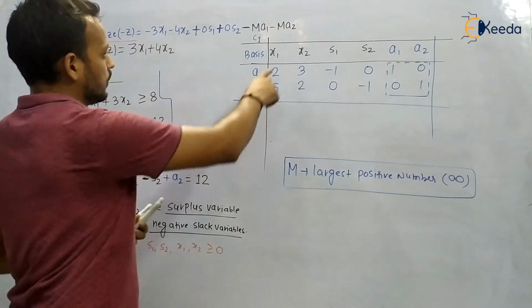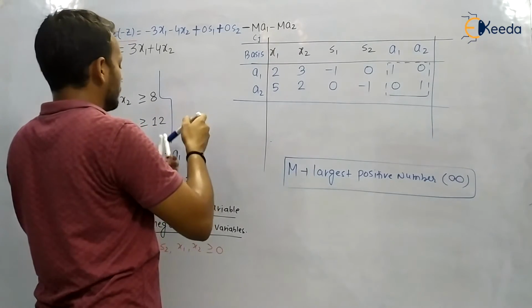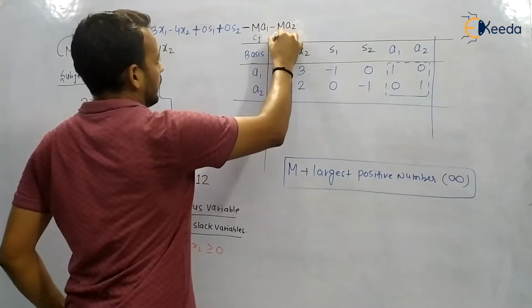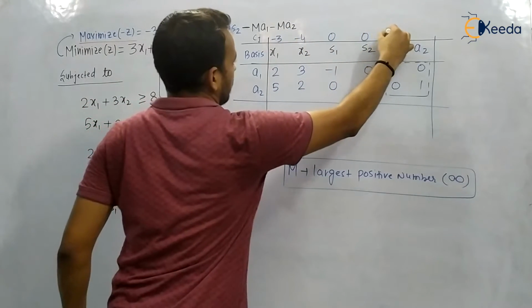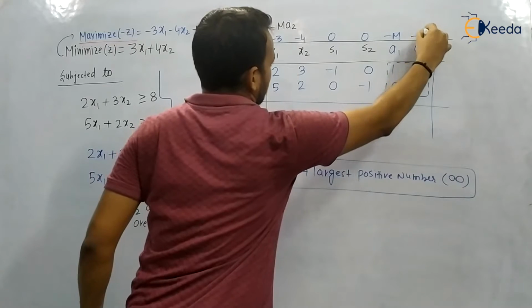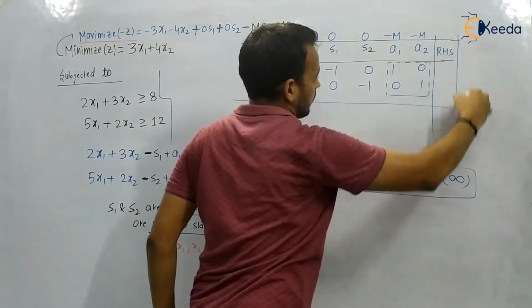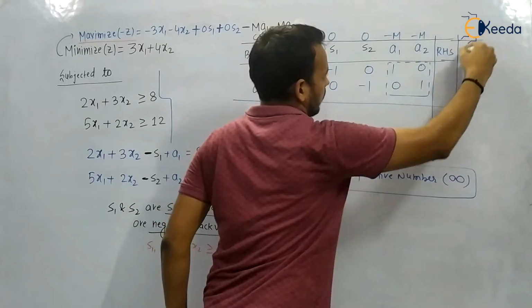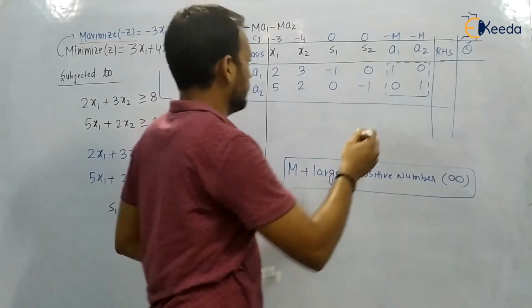Now we will put the coefficients of x1 and x2 from the objective function. So it is minus 3, minus 4, 0, 0, minus m, and minus m. Here we will write RHS, and here we will write theta. The RHS values are 8 and 12.